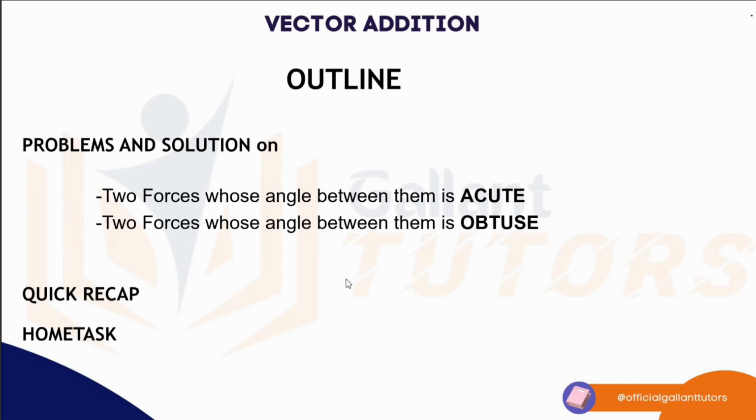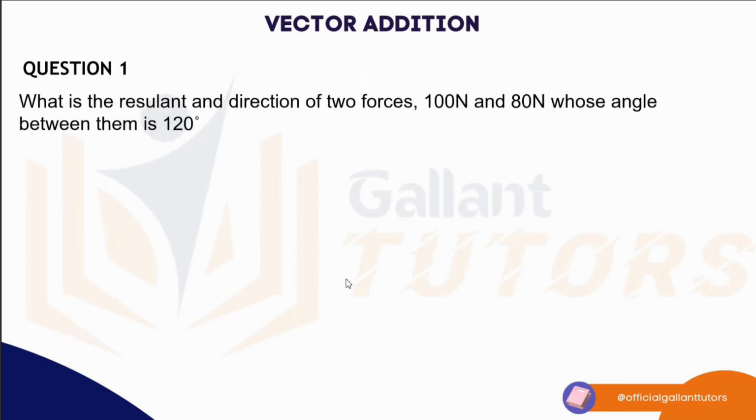The other is two forces whose angle between them is obtuse. Towards the end, we'll do a quick recap, highlighting the main points I mentioned at the beginning of the video. And lastly, as a tradition, I will give you home tasks, which you have to submit, and then we'll send a solution to you.